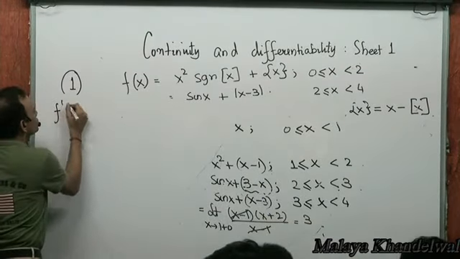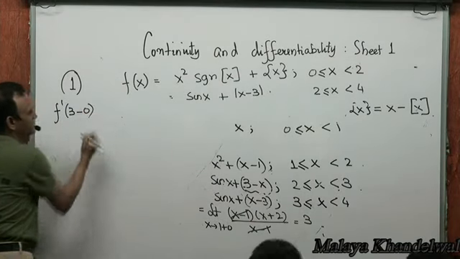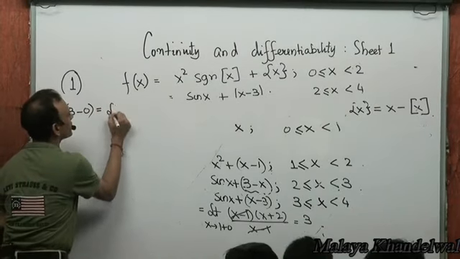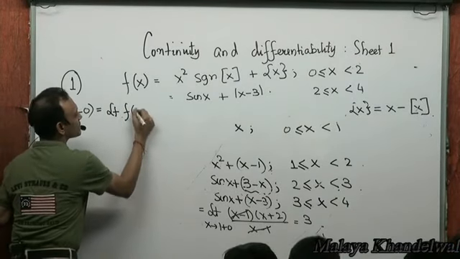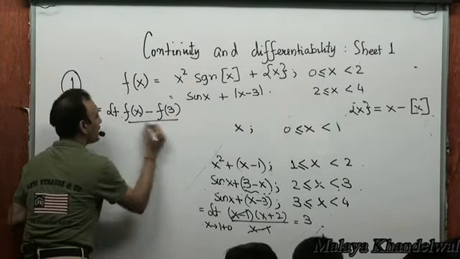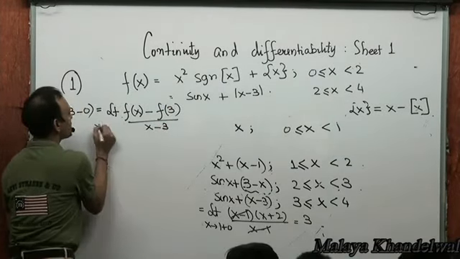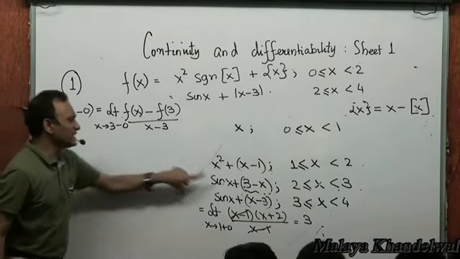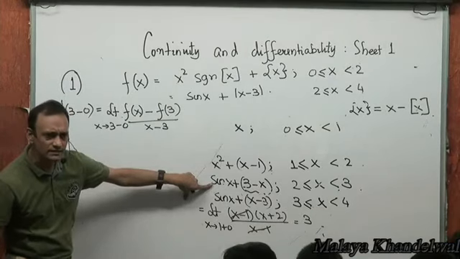f dashed 3 minus 0, the left hand derivative at x equal to 3. Left hand derivative at x equal to 3 is what? Is like limit f(x) minus f(3) by x minus 3 as x tends to 3 from the less than 3 side. Now when x is slightly less than 3, this is the description of f(x), right?